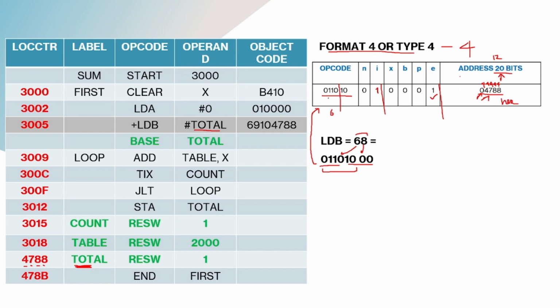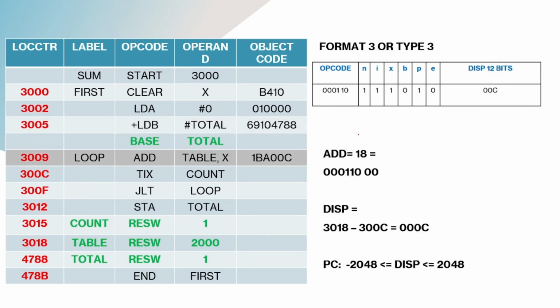It'll be easier for you guys. So 0, 1, 1, 0 is 6, and right here we get 9. So this is 1, and this you can take as it is. Combining all of it, we get 6, 9, 1, 0, 4, 7, 8, 8, and that exactly is your object code.